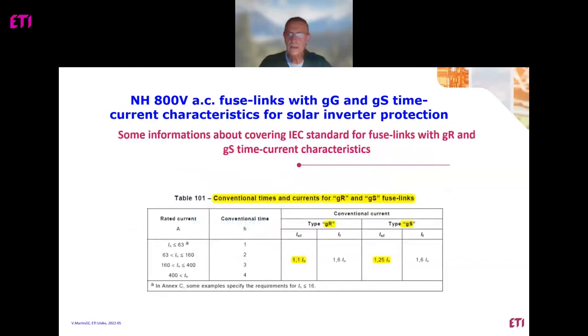There is a difference in non-fusing current: gR has 1.1 times nominal current and gS has 1.25 times nominal current. It is important in real application if the fuse link is selected properly.